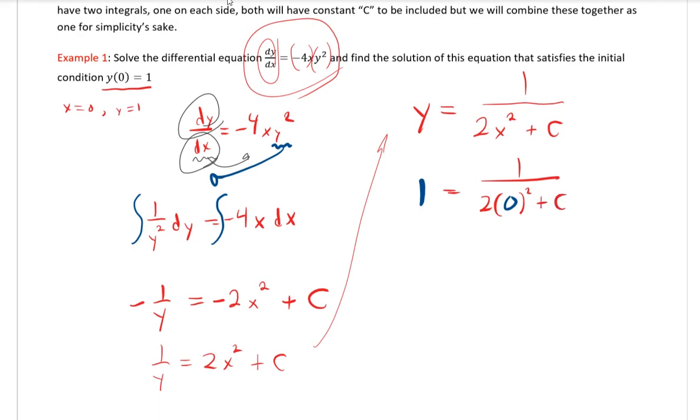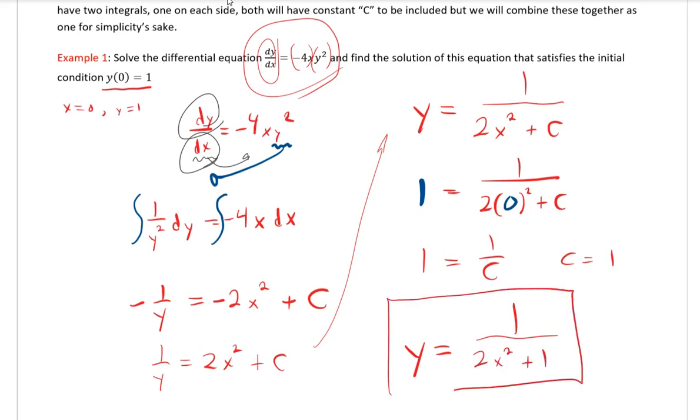So I plug in my initial value. 2 times 0 squared is 0, so I get 1/c. So 1 = 1/c, which means that c is 1. Therefore, this solution is y = 1/(2x² + 1). And that would be it.